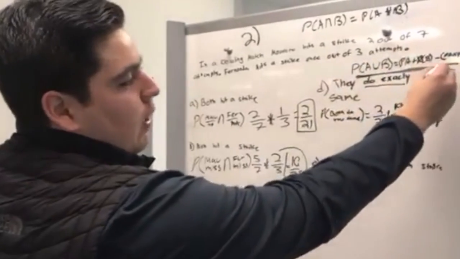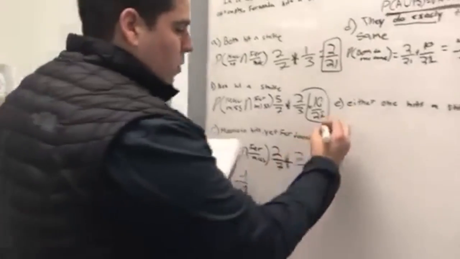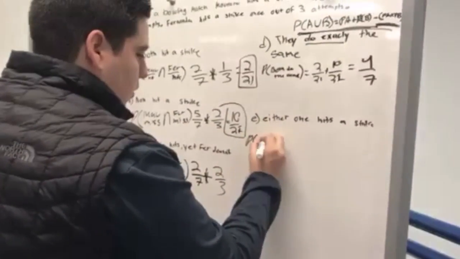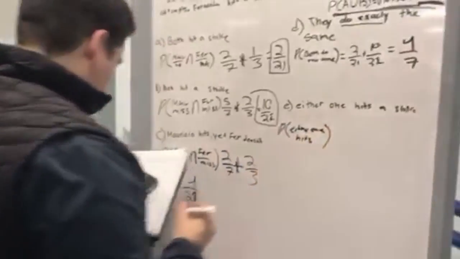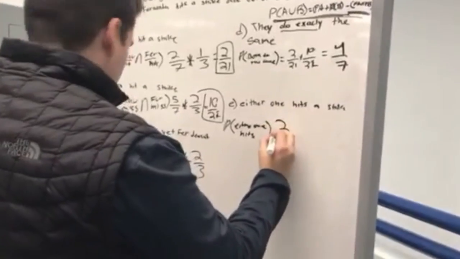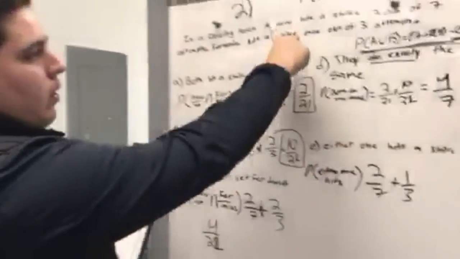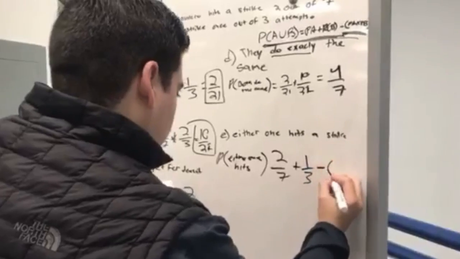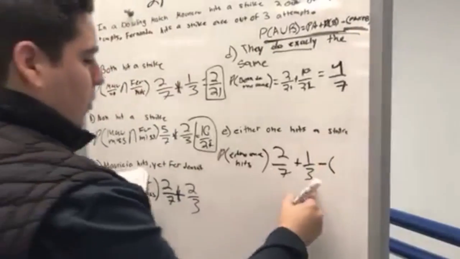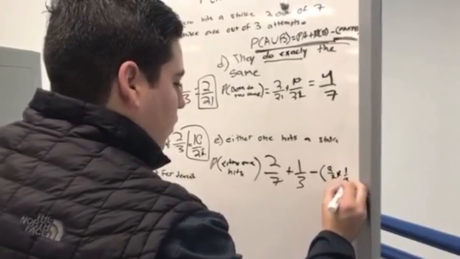In this part, we will still use this formula, but now we will add the part where you multiply probability of A times probability of B. So, probability of either one hits equals 2 over 7 plus 1/3, that is the original probability of Mauricio and Fernanda, minus the multiplication of these two numbers, 2 over 7 times 1/3.